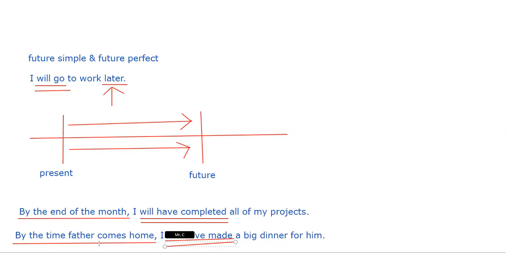So in this case, when your father comes home in the future, you will have made a big dinner for him. You started making a dinner for him now, and in the future, you will be finished. So it starts in the present and leads up to the future. So that's what the future perfect does. And notice how the future simple doesn't really work here, and I'll show you in a moment.